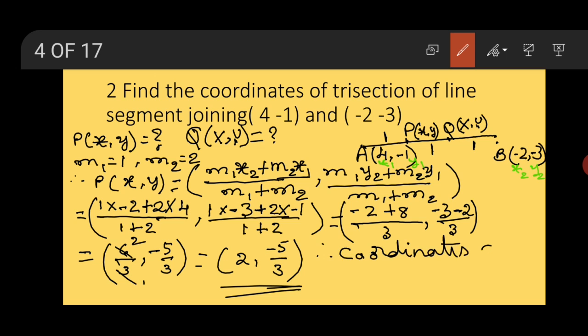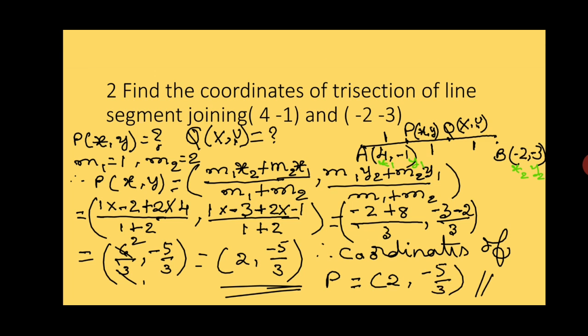So it is equal to 2, minus 5 by 3. Therefore, coordinates of point P are 2, minus 5 by 3.